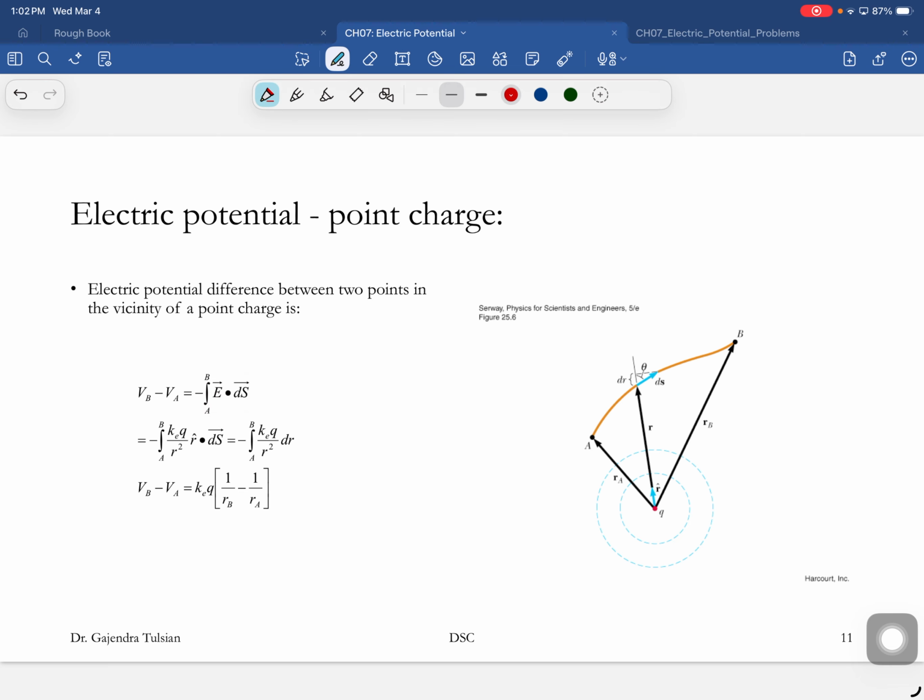See, the electric field from a point charge is radially outwards, and so the electric field is given by kQ over r squared, r hat. r hat is a unit vector in spherical polar coordinates.